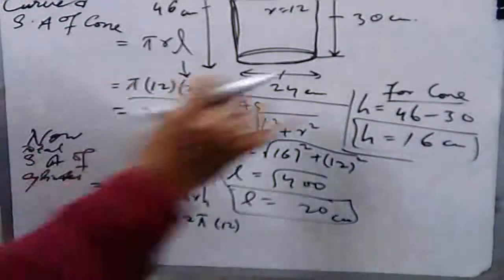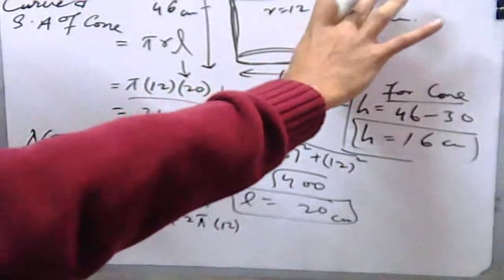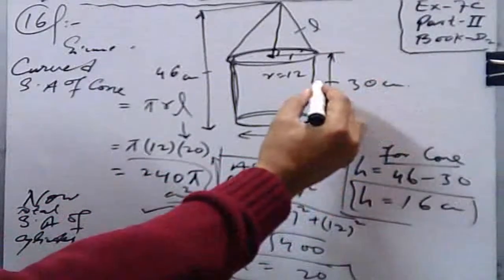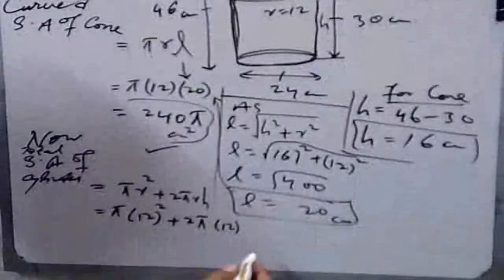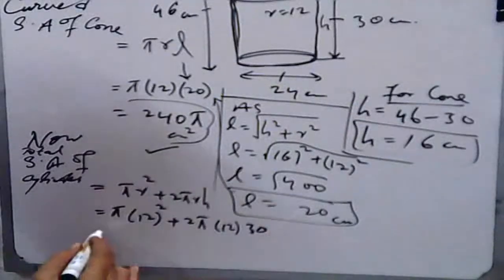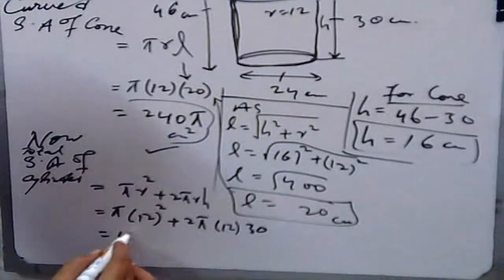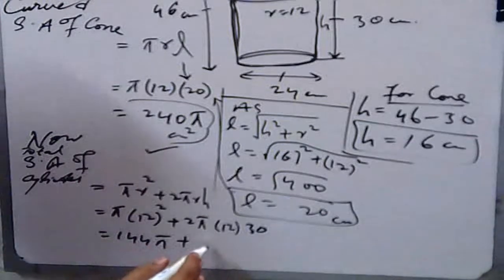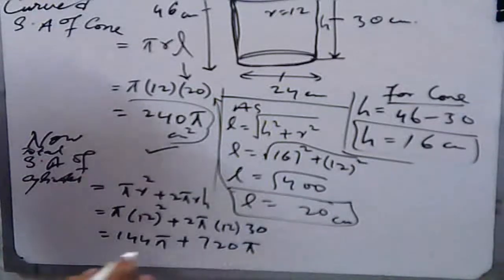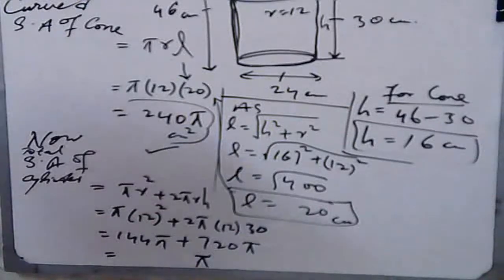Here you will get 144 pi, plus here you will get 720 pi. So after adding, 720 plus 144, you will get 864 pi surface area, that is centimeter square.